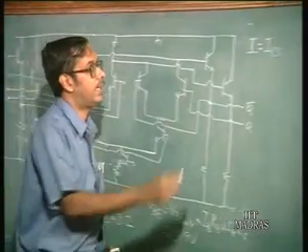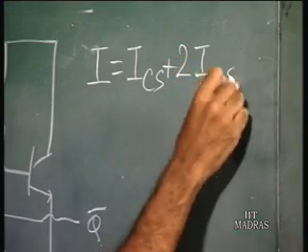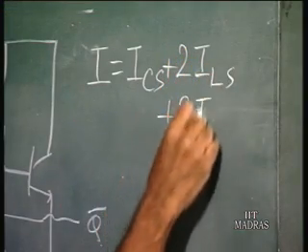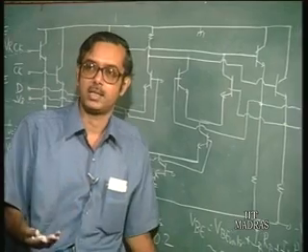Okay. So, you have ICS plus 2 I should say level shifting circuits plus 2 I emitter followers. So, this is the amount of current which flows, and you have the voltage, and so the voltage into current is the power dissipation.